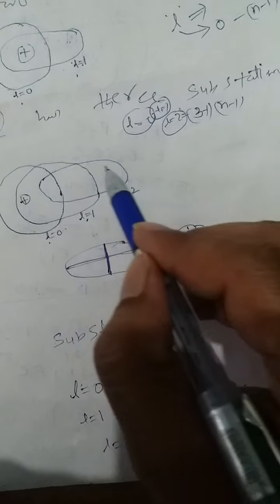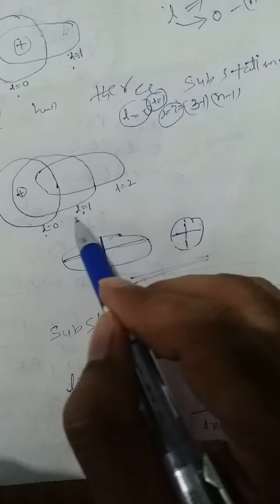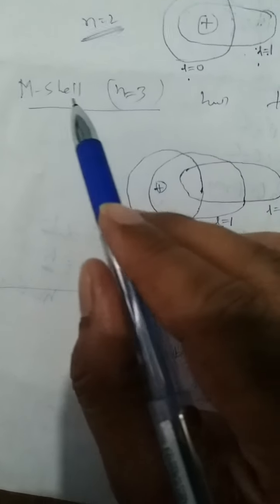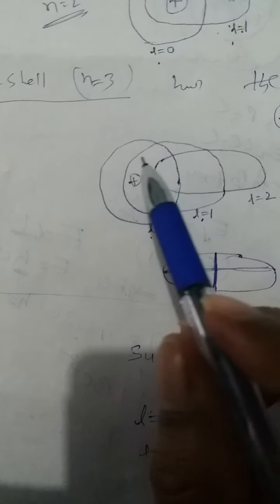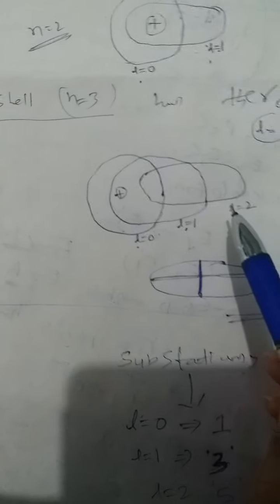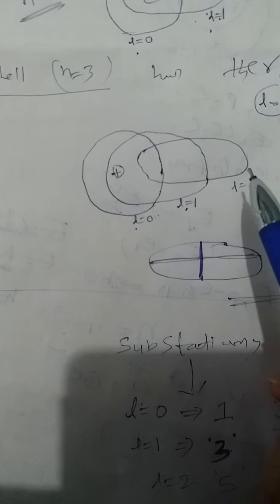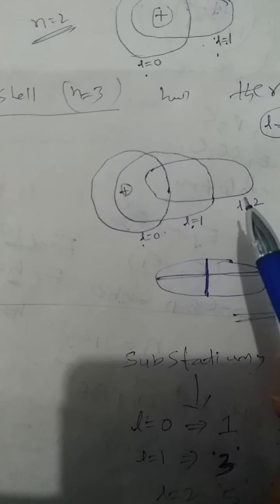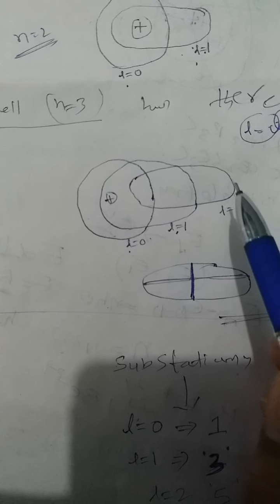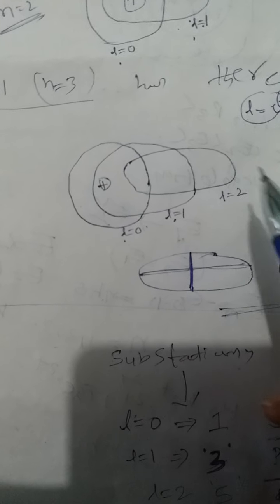These 3 substationary orbits are like this for the stationary orbit M shell, n equal to 3. So the L equal to 2 substationary orbit of the M shell is 100% elliptical in shape.